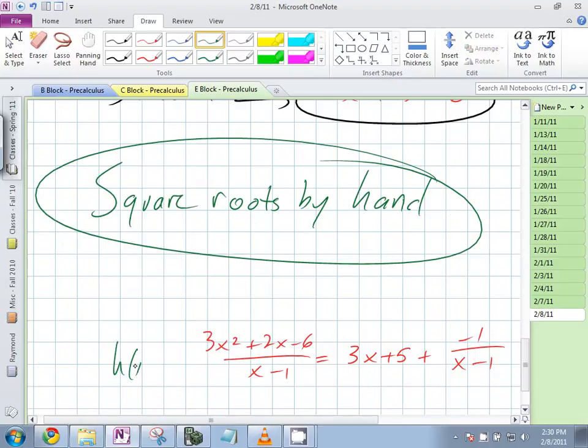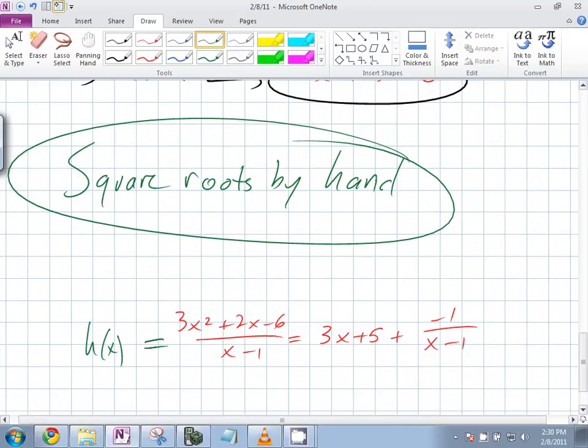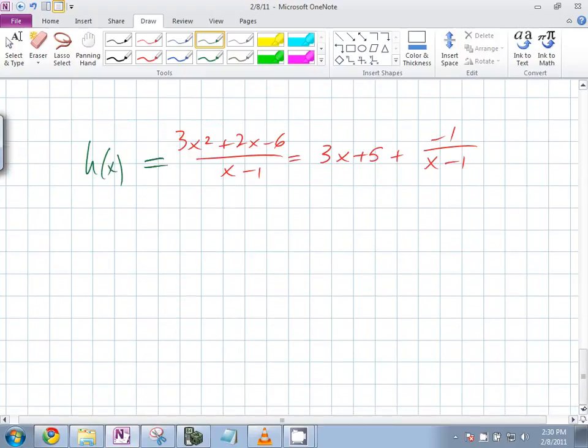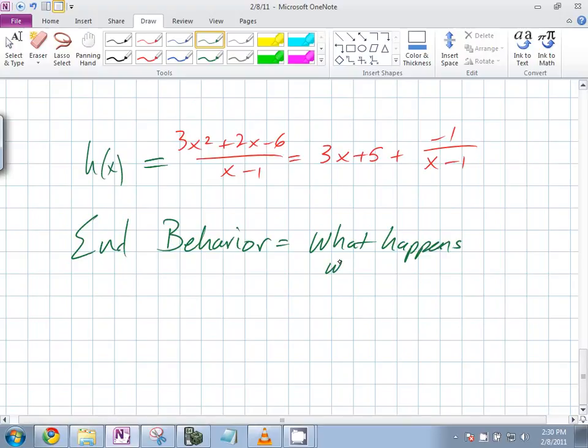And what did we do? We just figured out how to rewrite it a little differently. We need to examine end behavior. End behavior is what happens when x gets really, really big positive or really, really big negative.